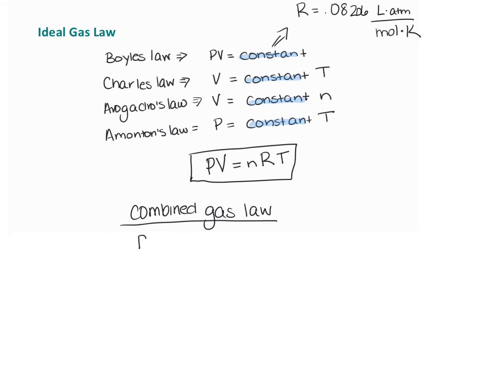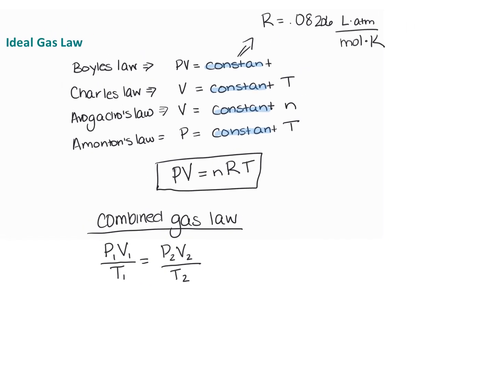Then you can say the pressure at one set of conditions times the volume at one set of conditions over the temperature at one set of conditions equals the pressure at a second set of conditions times the volume at a second set over the temperature at a second set. And that is called the combined gas law.